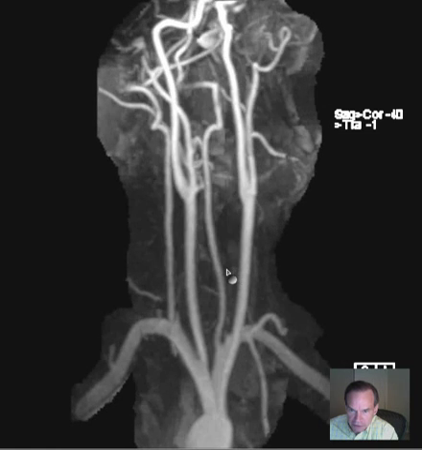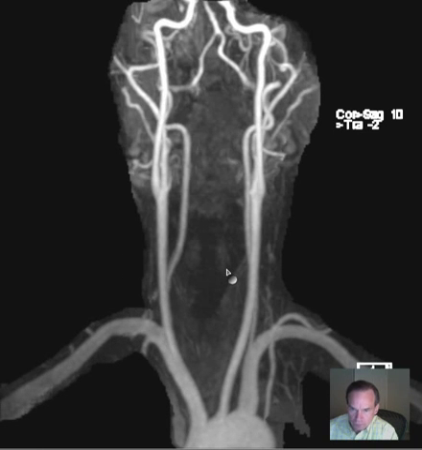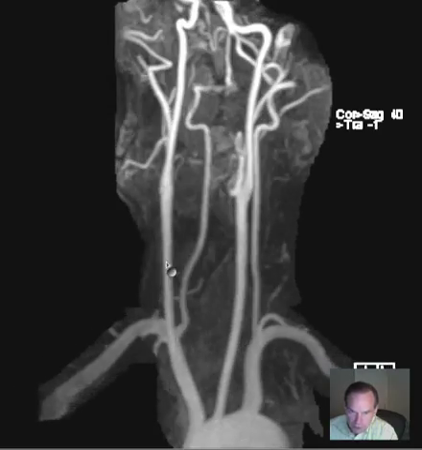Let's look at the other side now. So we have brachiocephalic artery giving rise to the right subclavian artery and the right common carotid artery. We see the right vertebral artery coming off the right subclavian artery.